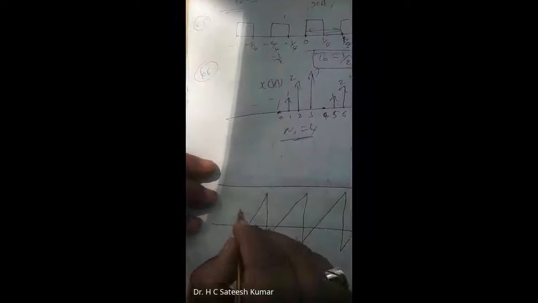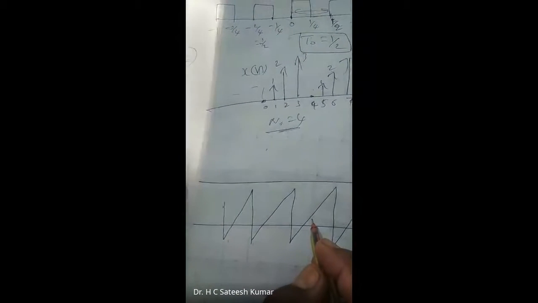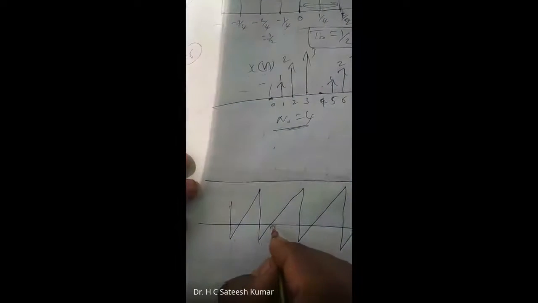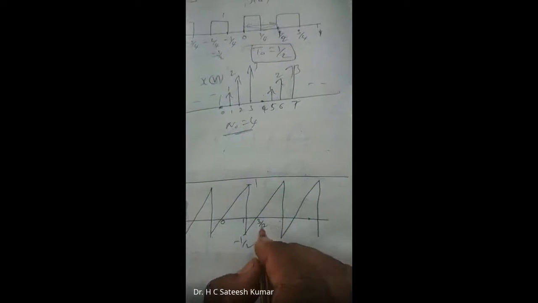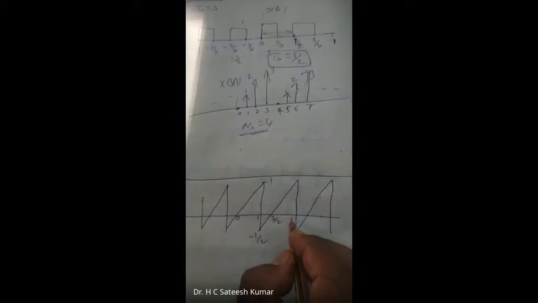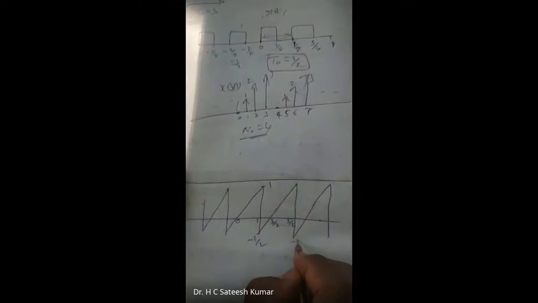There we need the periodicity of the signal also. 0, 1, 3 by 2. So this is 1, it is minus half. And 3 by 2 plus 1, no. 5 by 2 minus half.